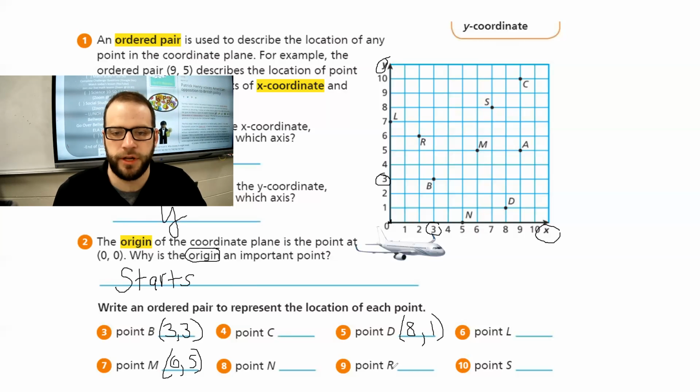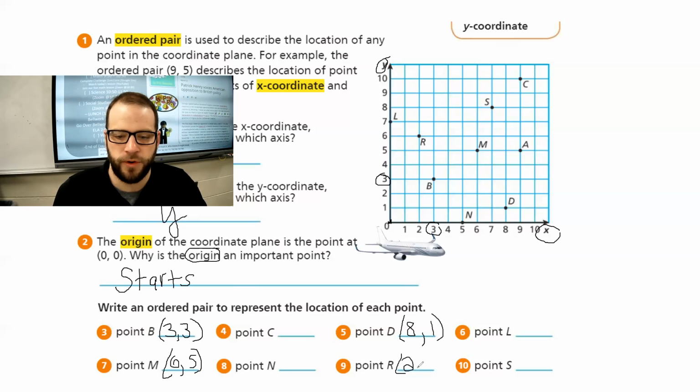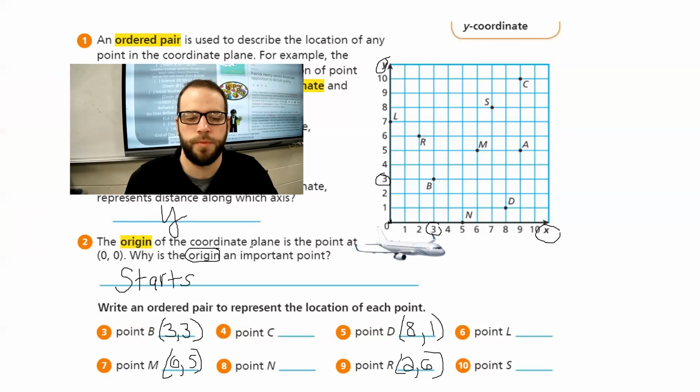And then let's look at R. R would be 2 over and 6 up. The first number you tell them is how far over. The second number is how far up. And that is how you write an ordered pair to represent the location of a point.